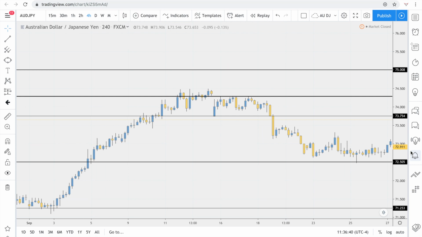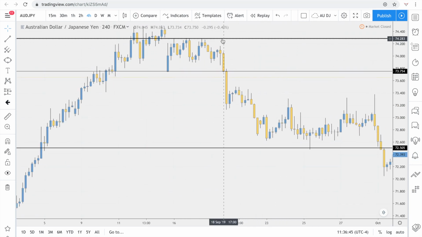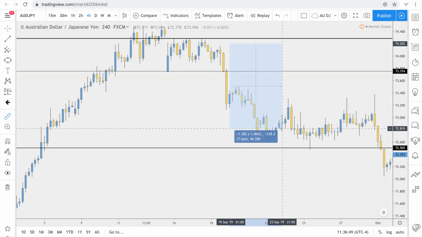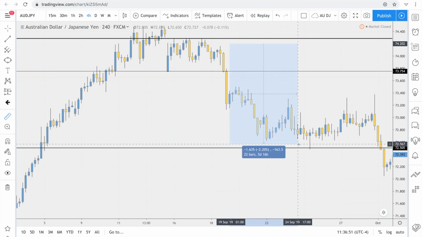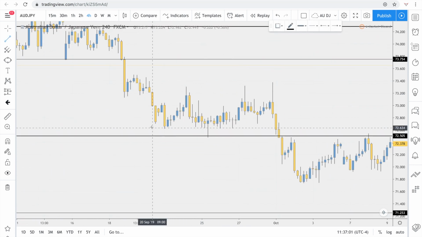So right here, as the market starts making its move down, if we bring out our calculator by holding shift, once we go 100 and something pips into the market, into the trend, we're going to see some sort of pullback, and we do see it here. Here we do see some support.